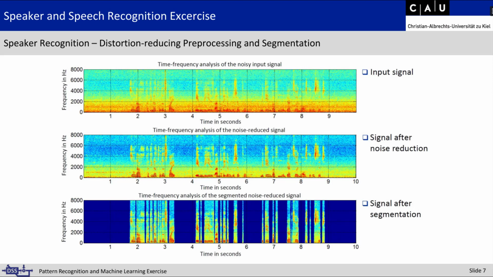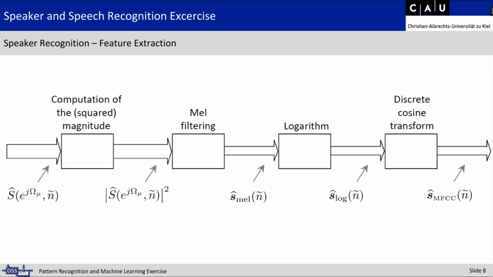The next part would be feature extraction. For feature extraction, you already had an exercise as well, where you learned something about LPCs and some other features that you can extract from signals. What we want to look at here are the Mel-frequency cepstral coefficients, or MFCCs.